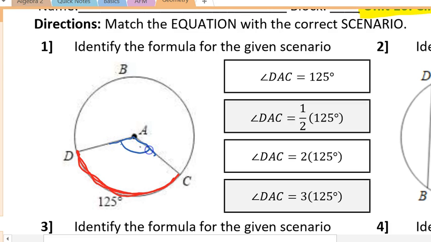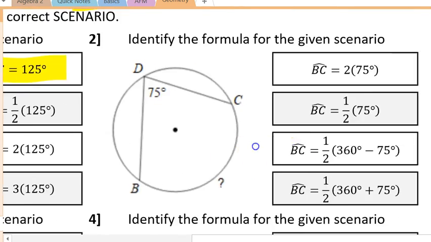And the question is, how is angle DAC related to this arc measure? Well, we know that a central angle is actually equal to an arc measure, so our choice is going to be the first option. It's not half, it's not 2 times, it's not 3 times. The central angle is equal to the arc, and we get our first option.